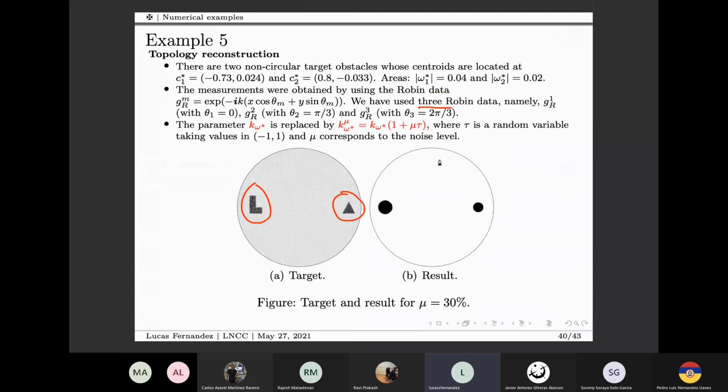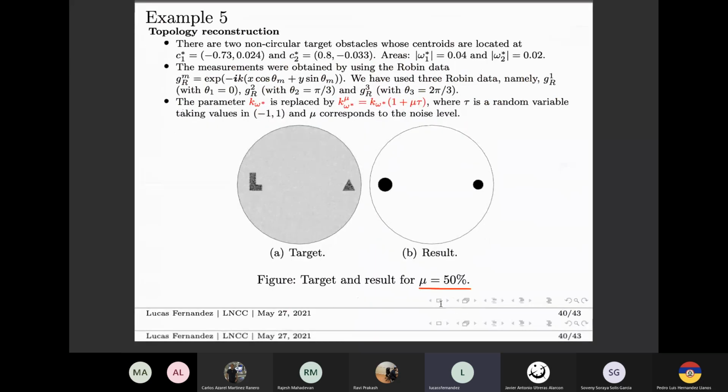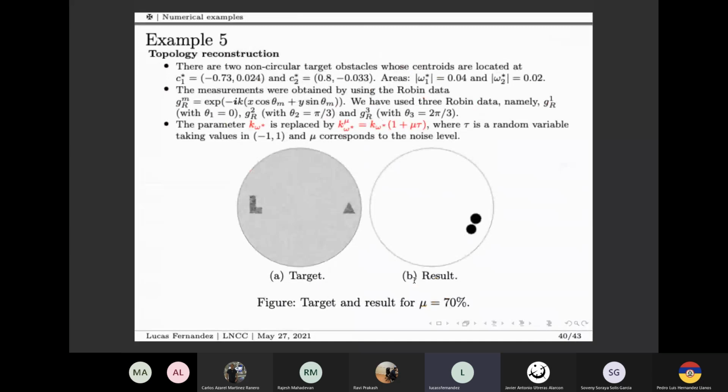In this case, the predicted centers are very close to the centroids of the target obstacles, and the areas occupied by the circular inclusions are approximately equal to the areas of the non-circular obstacles. These results are obtained for levels of noise up to 50% again, and for more noise input, the accuracy of the result is reduced, and the effectiveness of the proposed algorithm is not ensured.